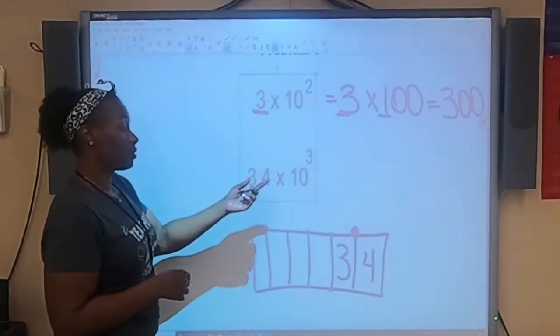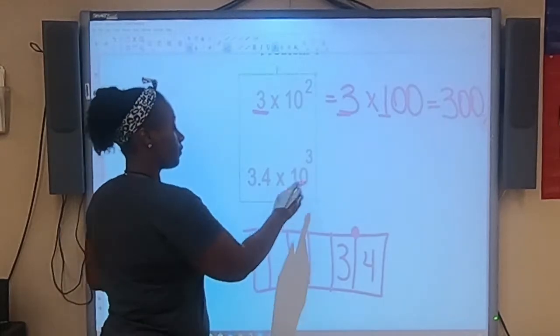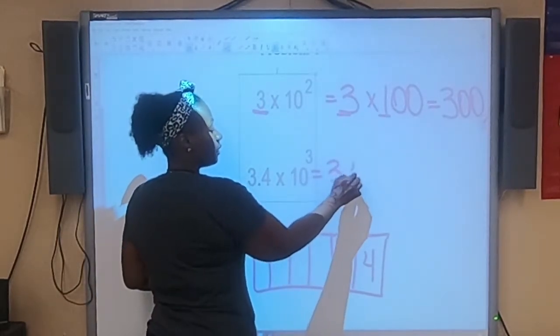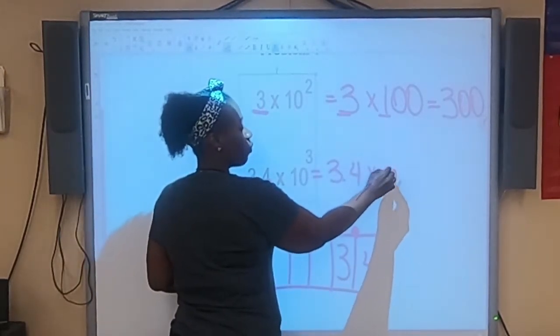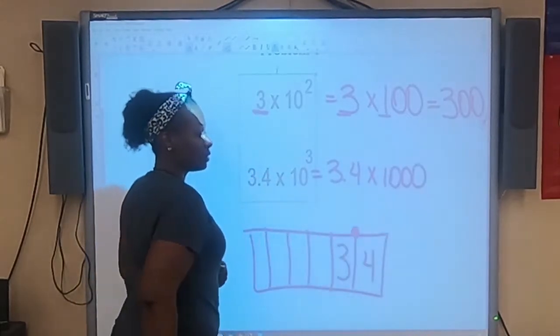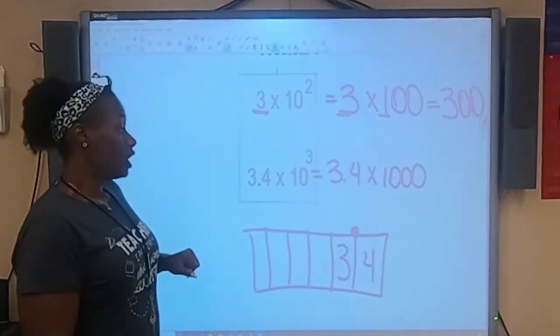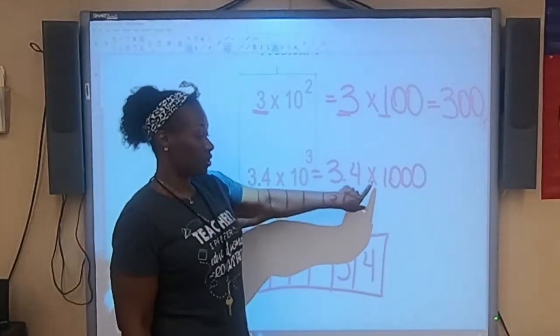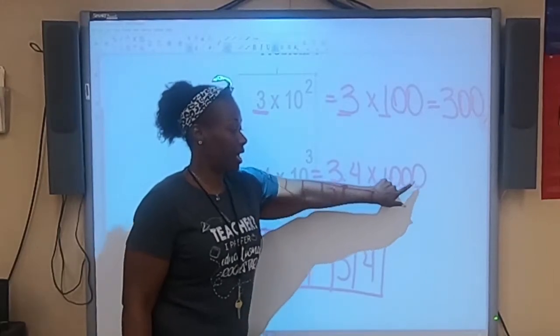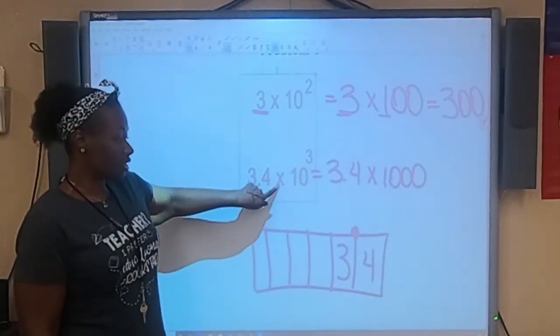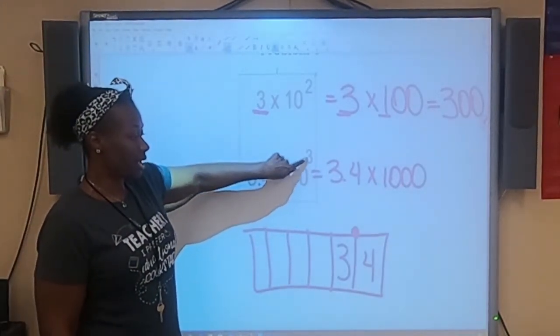Because remember, if I wrote 10 to the power of 3 in standard form, that would give me 1,000, which is what we did in lessons 1 and 2. So I know my digits need to shift 3 times.